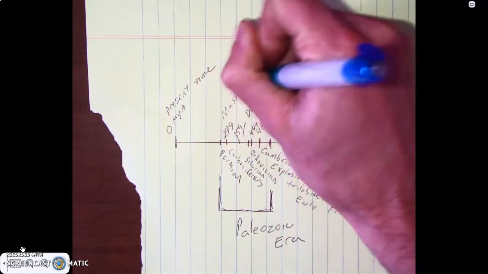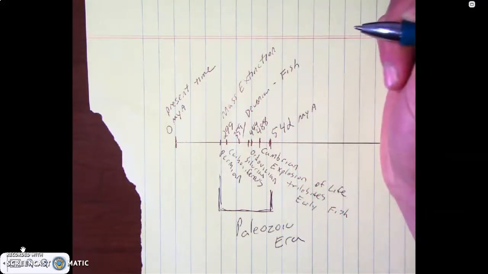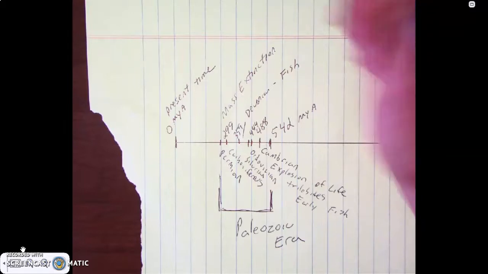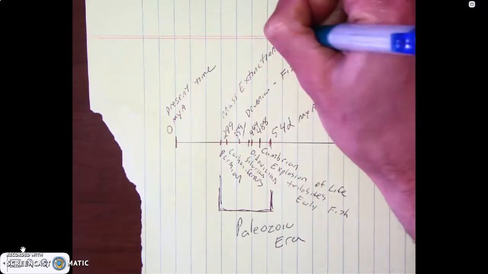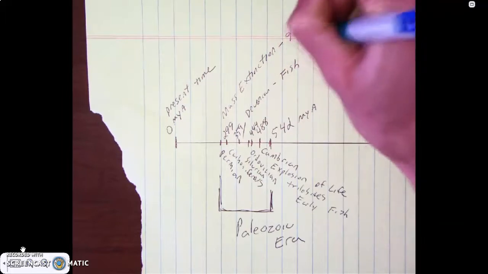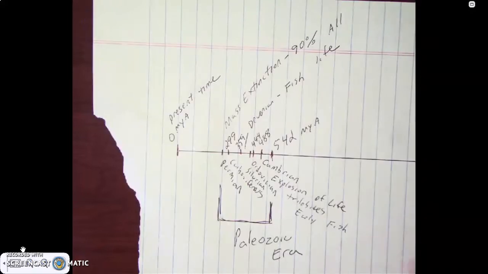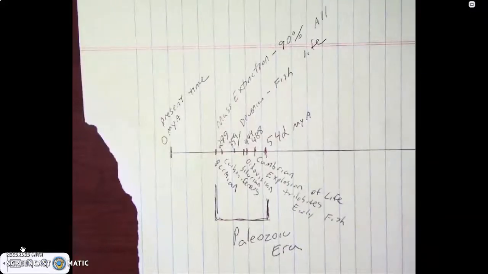One of the greatest mass extinctions of all time, even more so than the extinction that wiped out the dinosaurs. In this mass extinction event, it's believed 90% of all life disappeared. Greatest mass extinction event ever discovered in the fossil record.